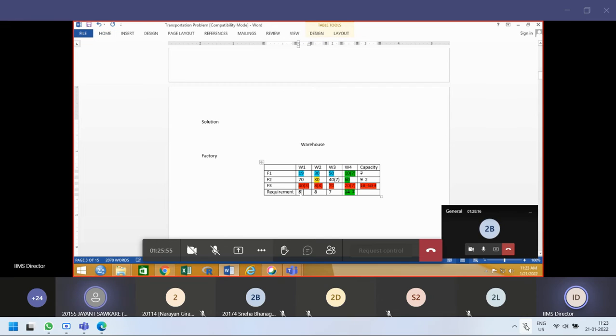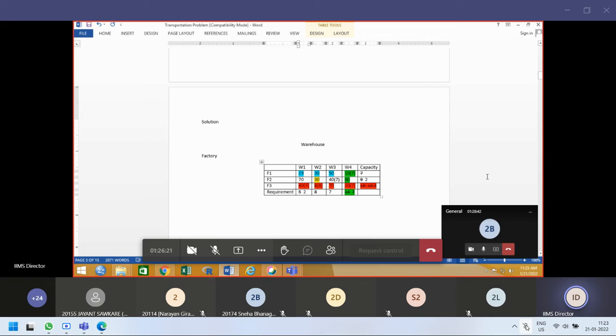And here how many elements are remaining? 2. Okay, now what is blocked now? Nothing is blocked, right? Because here 7 is allocated, 2 is remaining. So what else remains now? Only one cell remains, this 70.